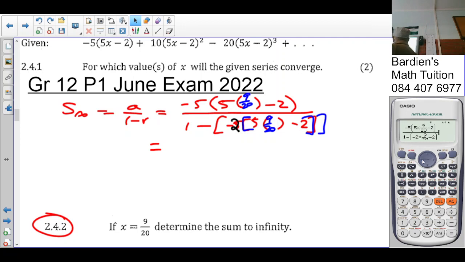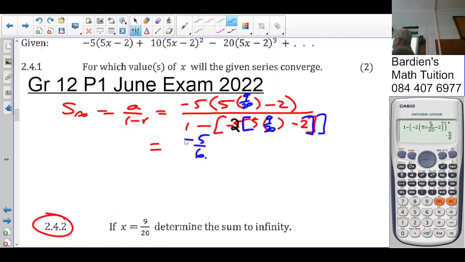Negative 2 is on the outside. Negative 5 over 6.